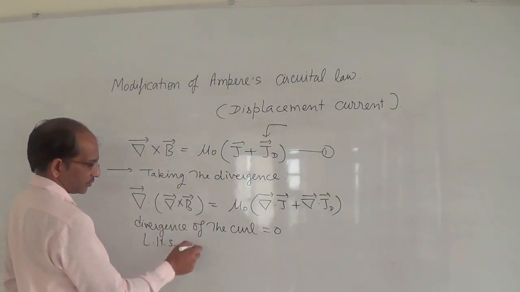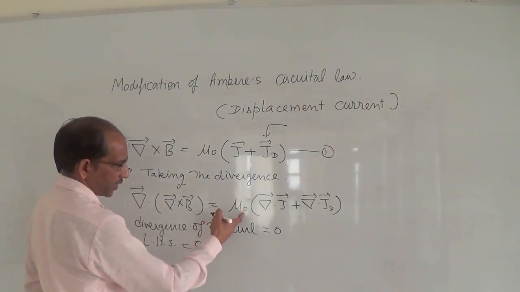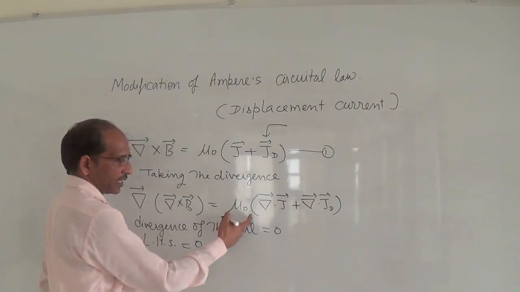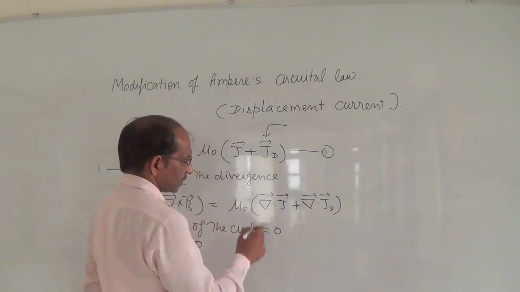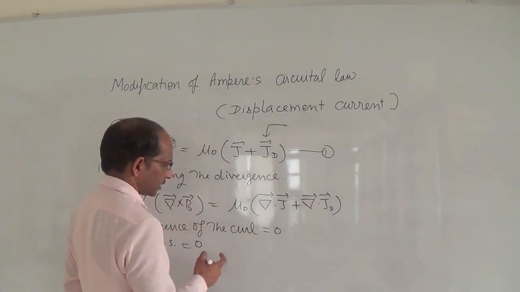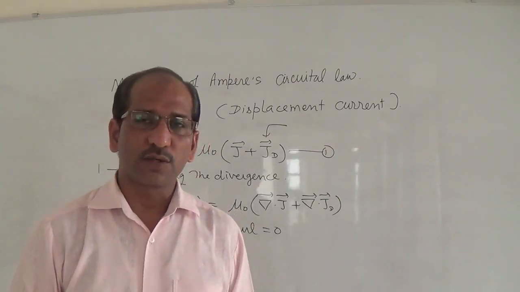and we observe only this factor on the right hand side, mu naught times this factor, is equal to 0. So again there will be 2 points, either mu naught is equal to 0 or the second factor is equal to 0.